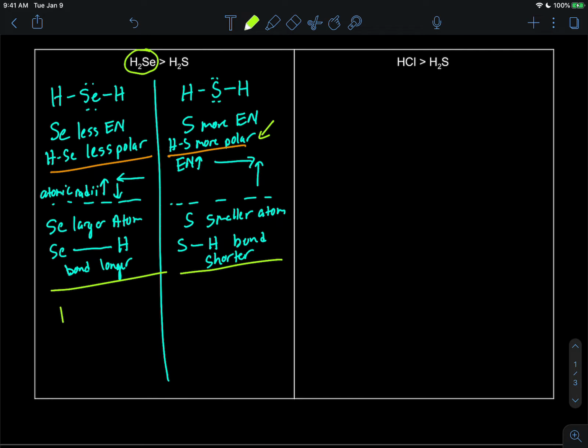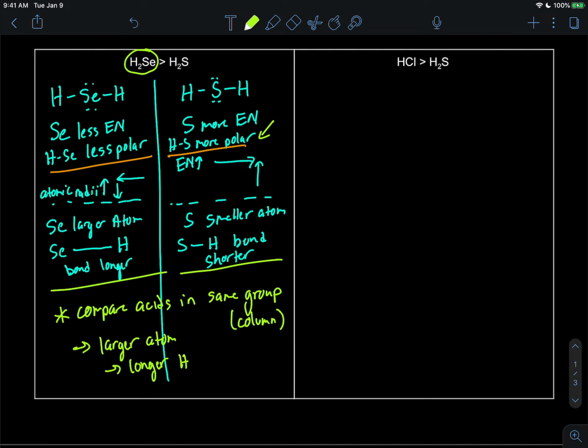And so one major observation that we can make, if we compare binary acids in the same group, so the same column on the periodic table, is that the larger atom is going to have a longer hydrogen-whatever-that-atom-is bond, which is going to make it a weaker bond, which is going to make that a stronger acid.